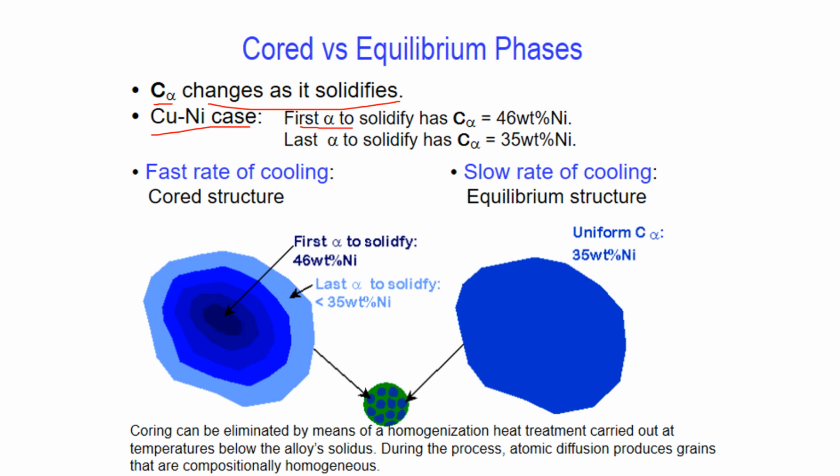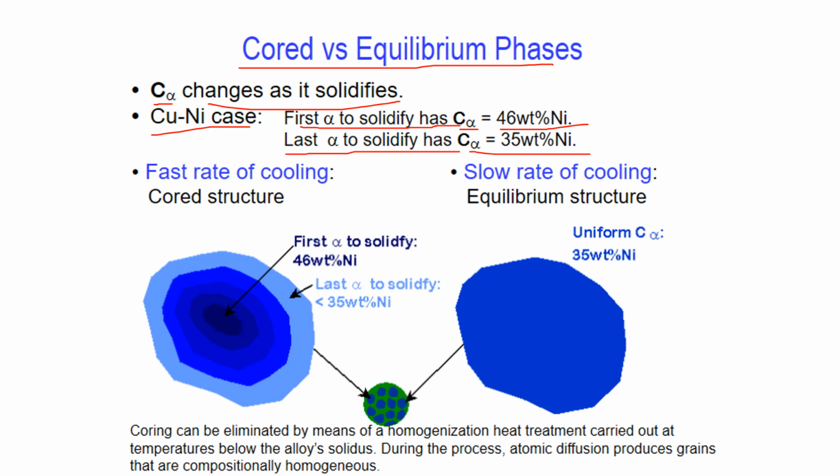In the copper-nickel non-equilibrium case, the first alpha to solidify has C alpha of 46% weight of nickel. The last alpha to solidify has C alpha of 35% weight of nickel. So here we discuss two terminologies: cored versus equilibrium phases.